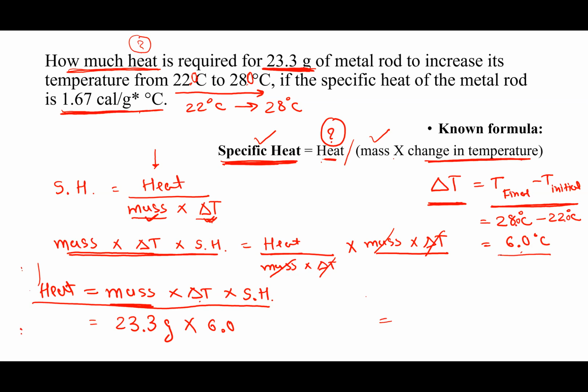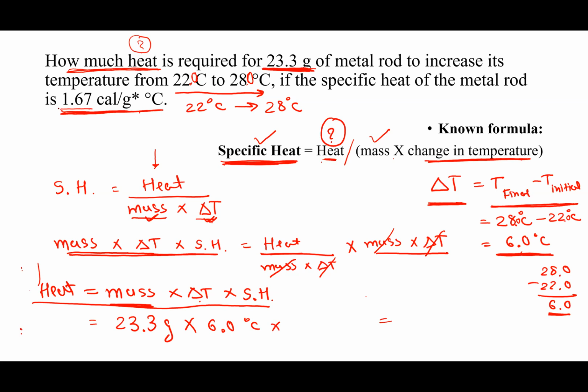So the number would be 6.0 degrees Celsius, right? 28.0 minus 22.0, the answer would be 6.0. This is your answer in the correct number of significant figures. So I'm going to use 6.0 at the moment, which is delta T, in degrees Celsius.